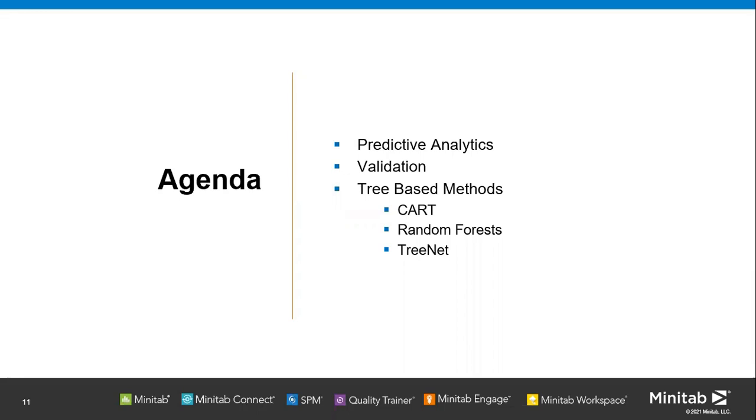Today we focus on the predictive analytics available in Minitab Statistical Software, and then we go through some basics of predictive analytics, which we call validation. Then we go to the tree-based methods. Inside the tree-based methods, we have the CART model, classification and regression tree, and then the random forest, and then TreeNet.